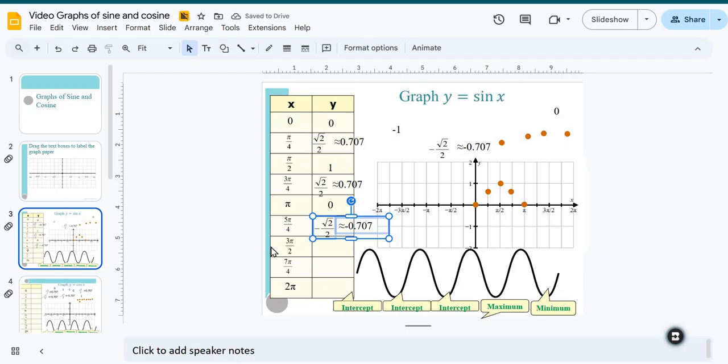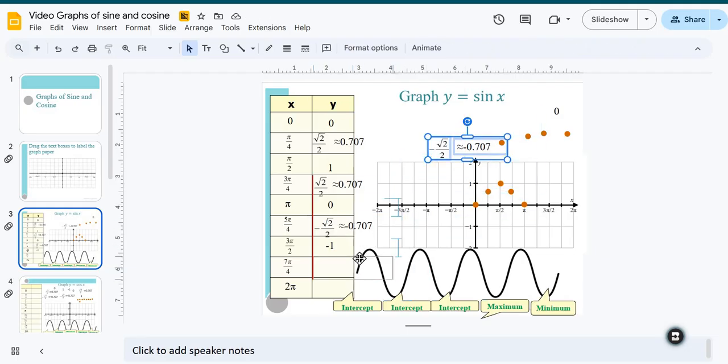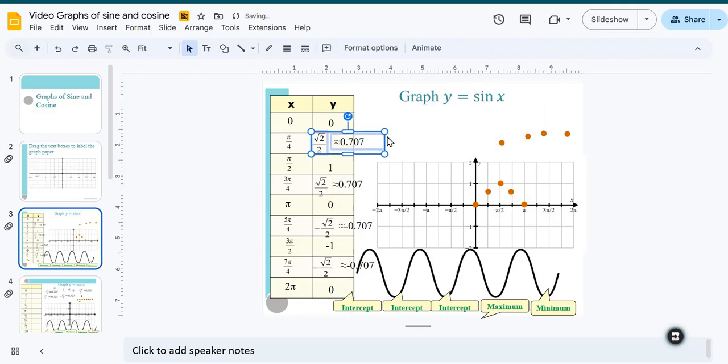I'm going to fill in the rest of this chart. So at 3 pi over 2, we will have, again, the same value that we got at pi over 2. It's just now because we're in the bottom, it's going to be negative. At 7 pi over 4, we will also have the same value as our pi over 4, but we're in the fourth quadrant, and sine is negative in our fourth quadrant. And then lastly, circling back all the way to 2 pi, remember that 2 pi is the same thing as 0, so we're back to 0.